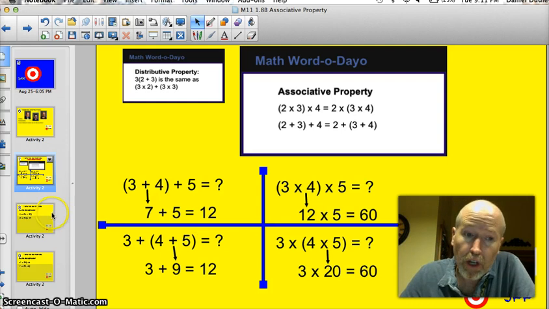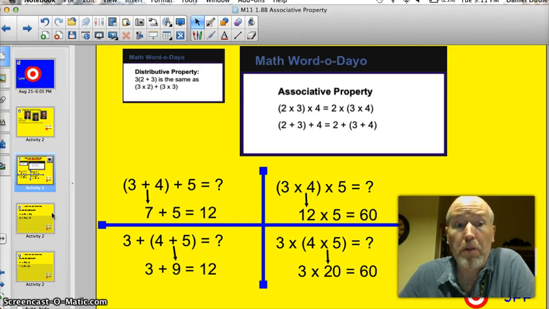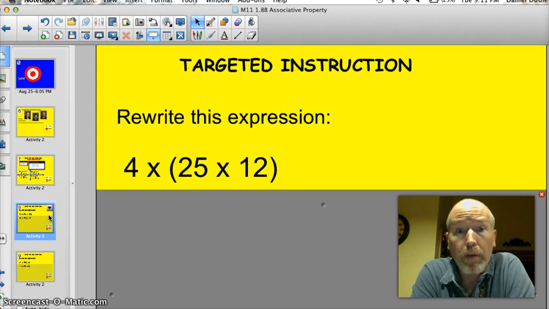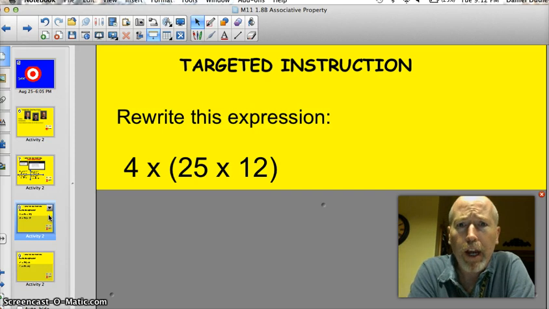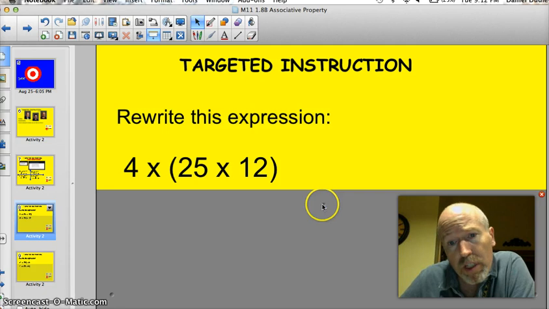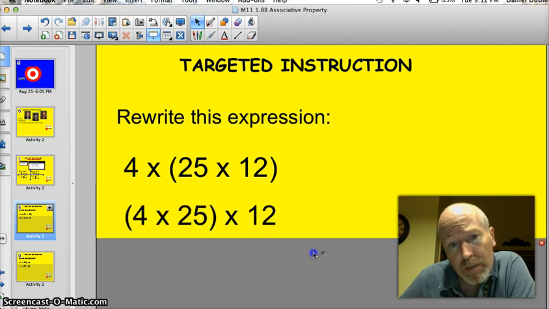So maybe you say to yourself, why would I want to do that? Well, let's take a look at this example here. How many of you know what 25 times 12 is? Raise your hand. Anyone? I didn't think so. I don't. Frankly, I don't care. But by using the associative property, I can rewrite this expression.